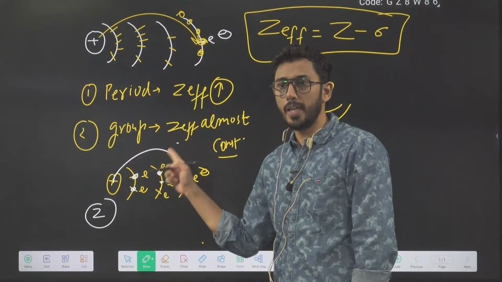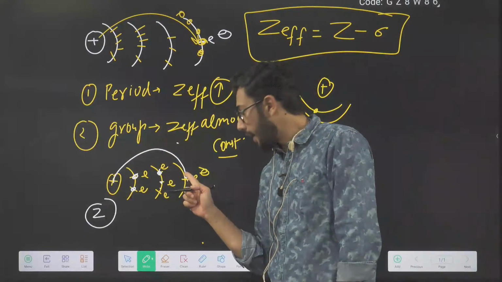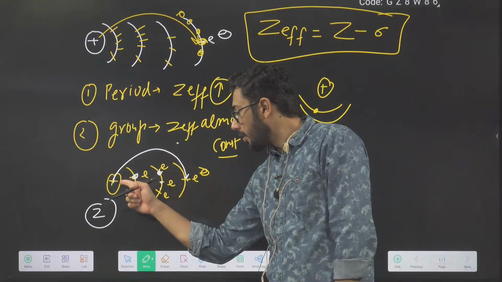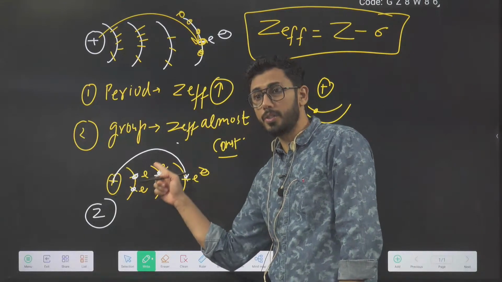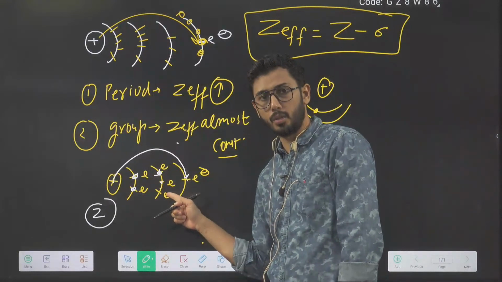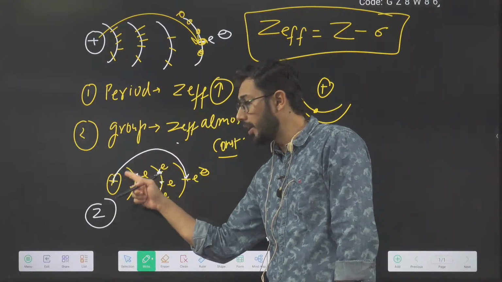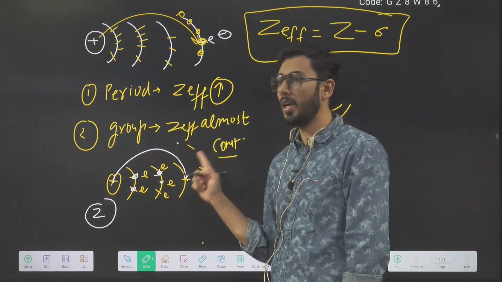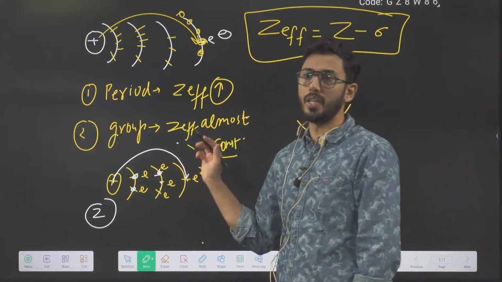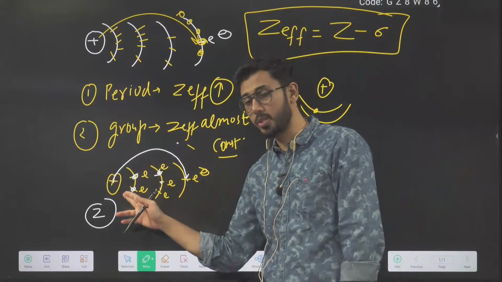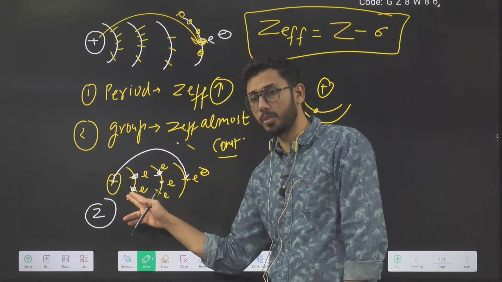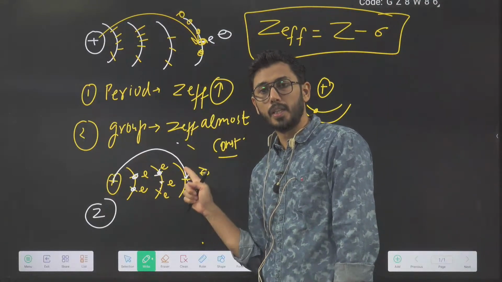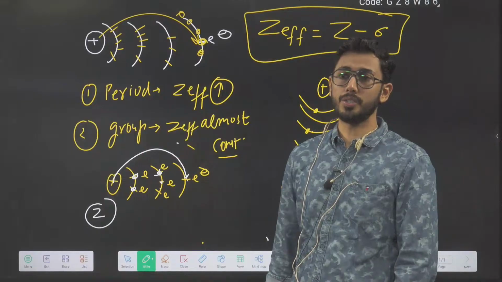Due to these inner shell electrons, the repulsive force experienced by the valence electron, after considering repulsions or shielding effects due to inner shell electrons, this reduced nuclear charge from the nucleus is termed the screening effect or shielding effect.